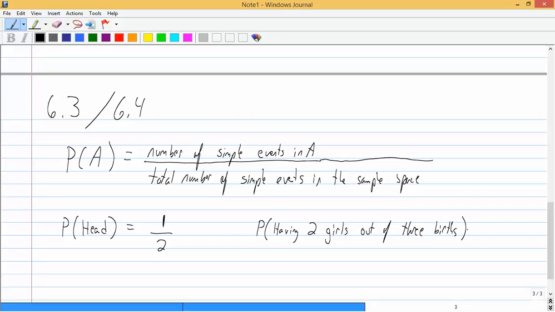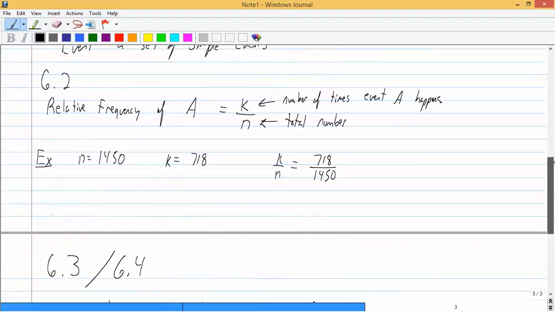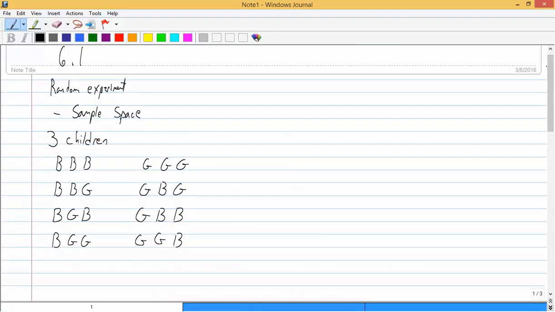Assuming that the probability for having a boy and a girl is the same, if we were to look at our sample space up here, here's the sample space for having boys and girls if we have 3 children. And so if I want to know exactly, I probably should have put exactly. I didn't put at least or at most or anything like that, but let's say exactly 2.